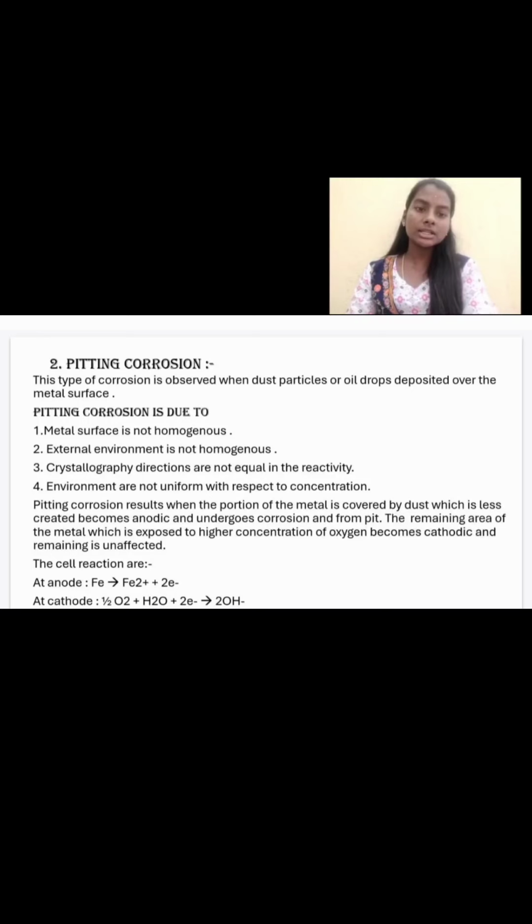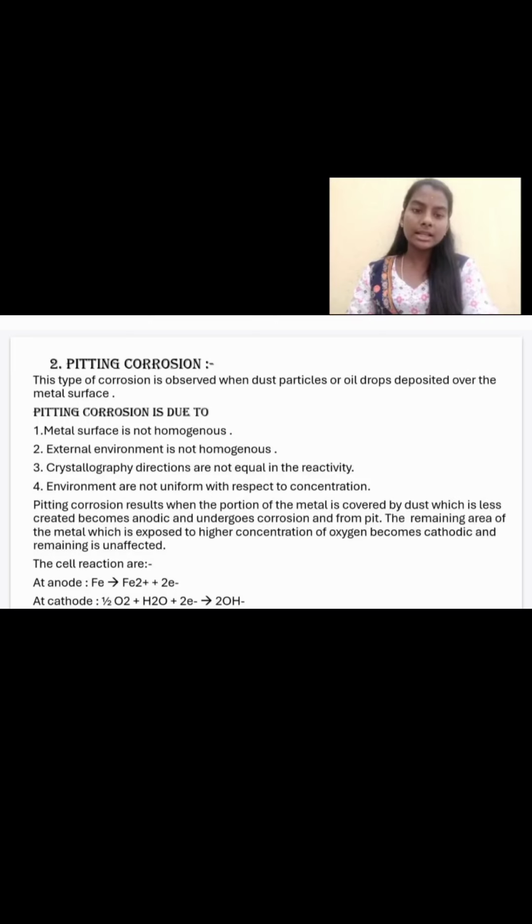Pitting corrosion results when a portion of the metal is covered by dust, which is less aerated, becomes anodic and undergoes corrosion and forms a pit. The remaining area of the metal, which is exposed to a higher concentration of oxygen, becomes cathodic and remains unaffected.